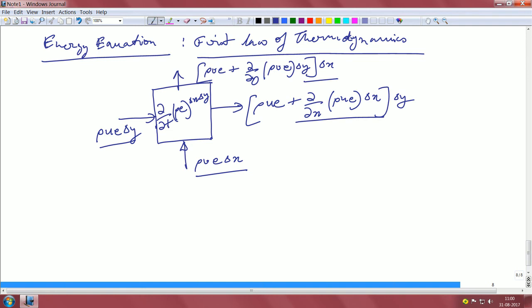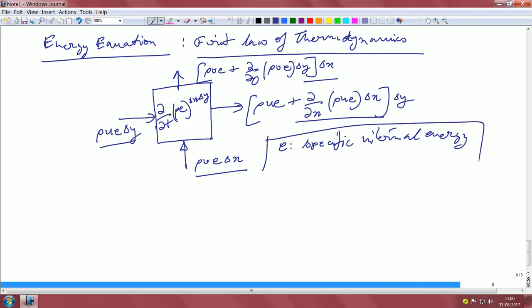That is what you are most familiar with. e is the specific internal energy, which you know from thermodynamics. Like mass, it is m e basically, mass into whatever. It is specific, so it is an intensive property. You multiply it by the mass and you get the total energy flowing in minus whatever is going out.